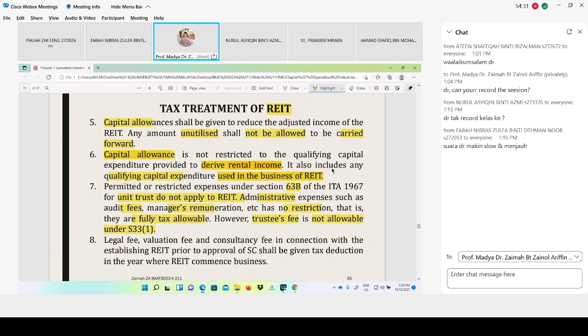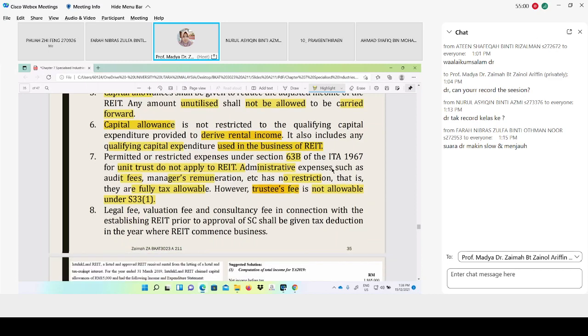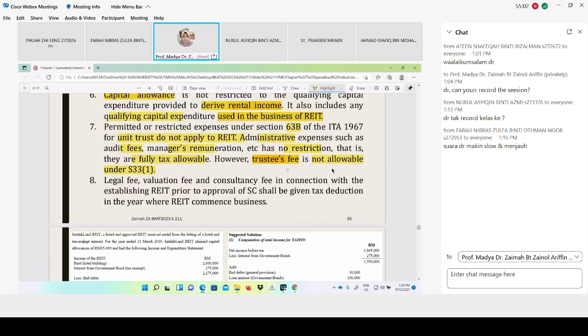Trustee fees is always non-allowable expenses. Even though later you will learn trust body, another chapter, when it involves trustee fees, it is non-allowable expenses. Same goes here under REIT, and the trustee fees under unit trust as well.